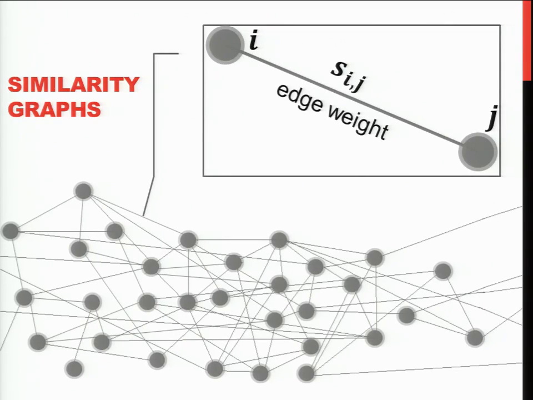So find a partition of the graph into, say, two parts, such that the weight of the edges going from one group to the other group is not too large. So you want to minimize the weight of the cut. This is the sum of the weights of all the edges going from one part of the graph to the other part.